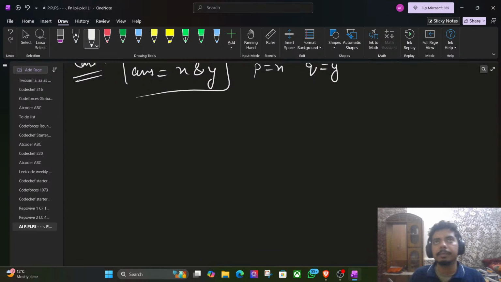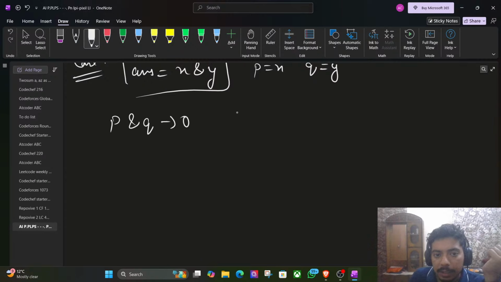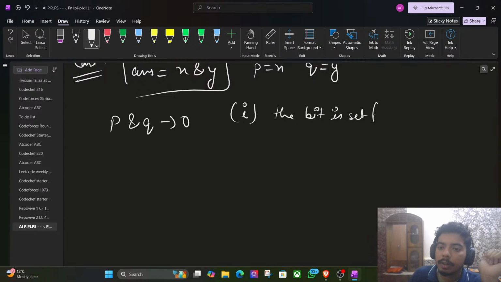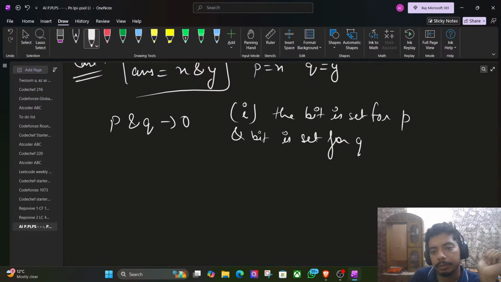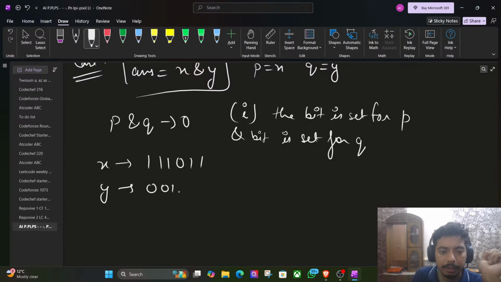Now let's run for some more cases. Now if p AND q needs to be 0, it means there must be no position i where the bit is set for p and the bit is set for q too. So this position must not happen. So if in X, say this is X and say this is Y, at this particular position these bits are set. So what do I have to do? It's easy.